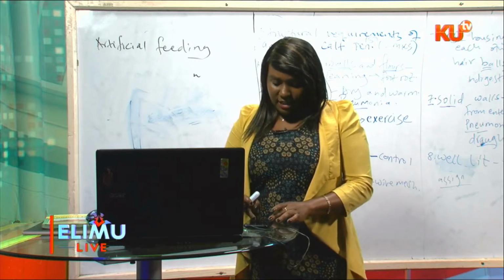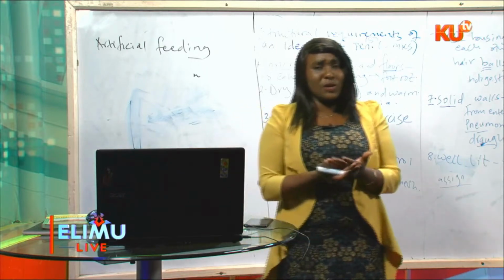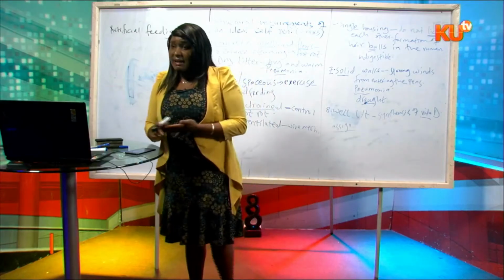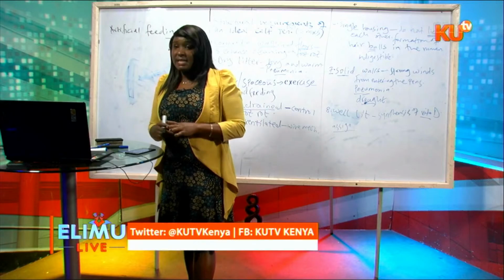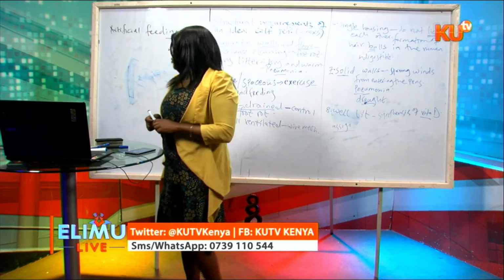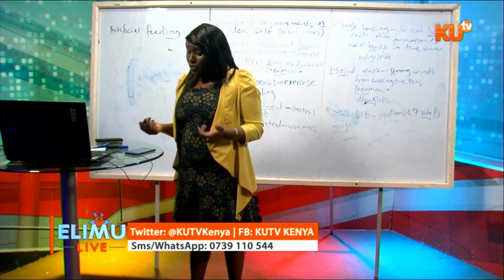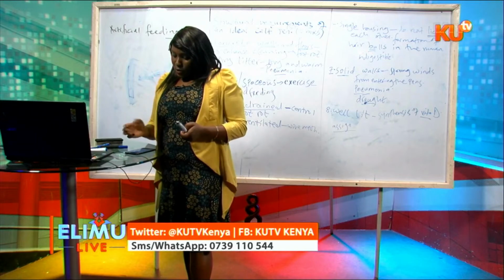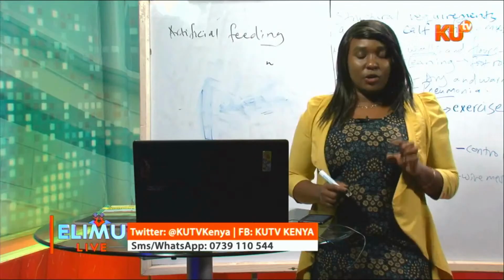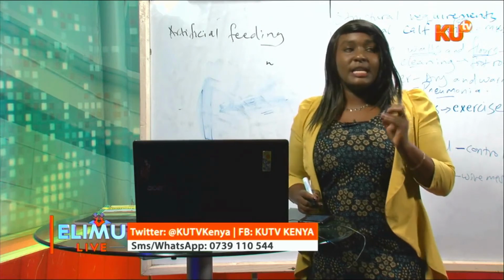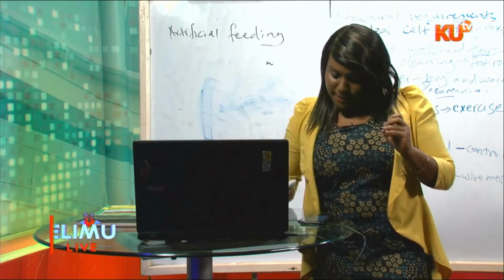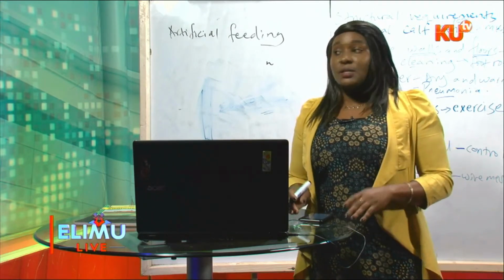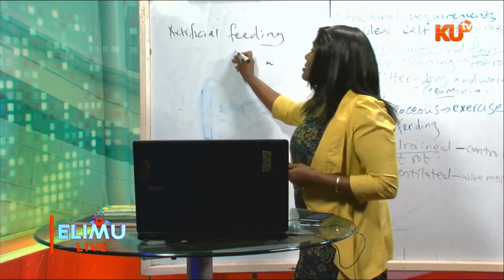The first point is to ensure that your hands are clean. You clean your hands and make sure that they are well sterilized before you start handling the milk. The next thing is you clean the buckets that you want to use to feed the calf with. The third thing is you put clean milk. You ensure that there is a high level of cleanliness when you're dealing with these calves, because lack of cleanliness leads to scours.